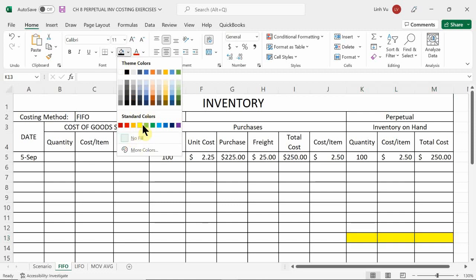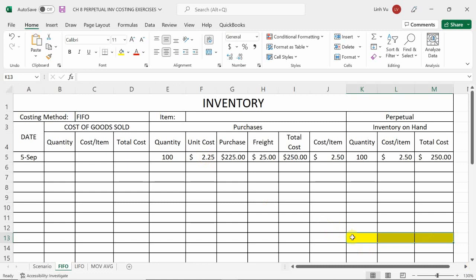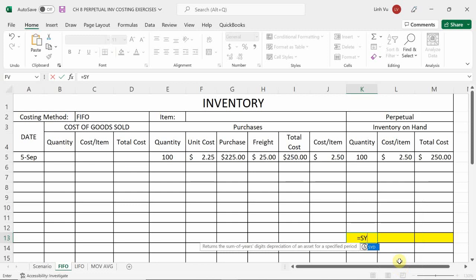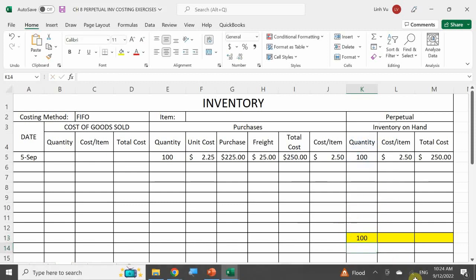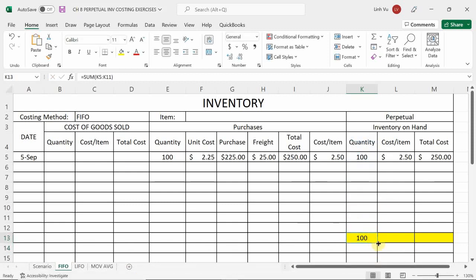I'll just use a regular highlighter color, yellow. I'm going to do equal sum so I know how many goods I have available at all times. We have 100 items at a grand total of $250.